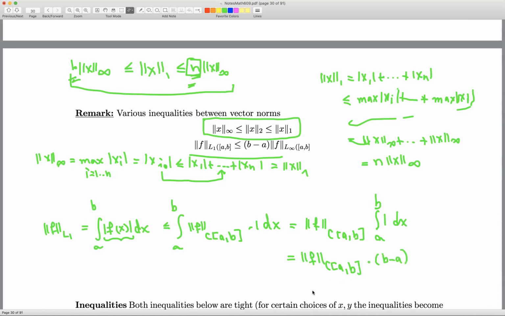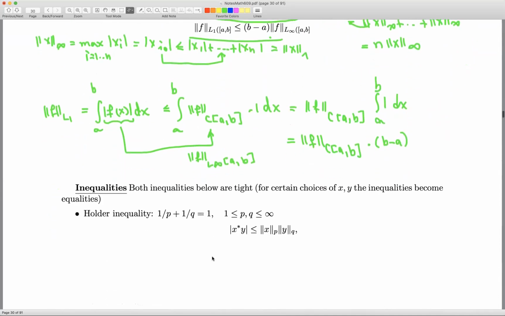So this is b minus a, which is the same as this. The only difference is that this inequality is true not only for the C norm, but can also be used for the infinity norm on AB, because it is true almost everywhere. And when you integrate, you don't care about sets of measure 0.